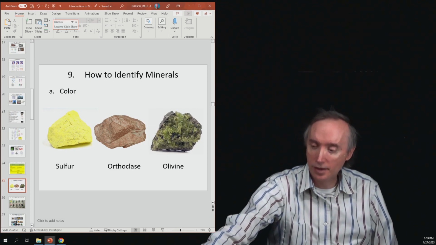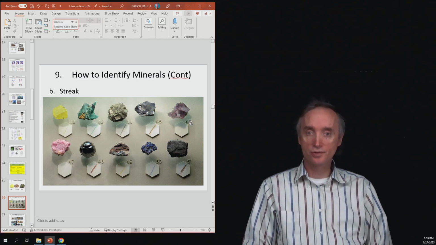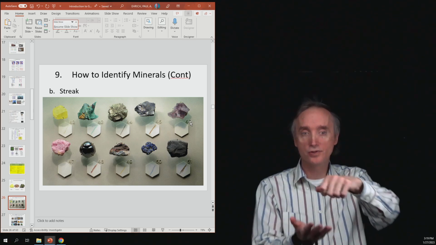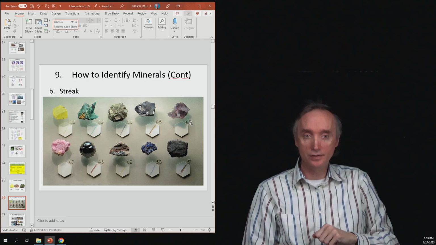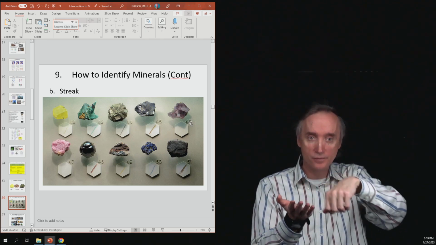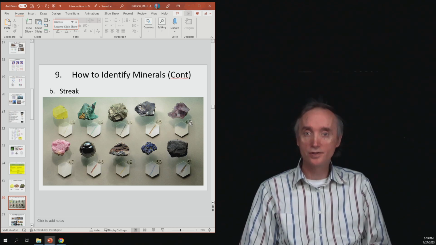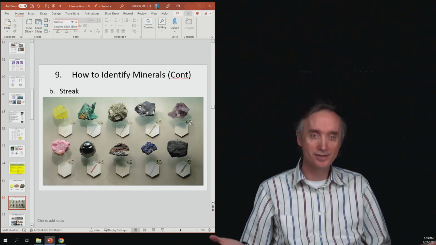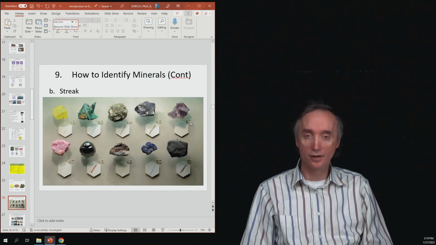Now let's compare that to streak. Streak is whenever you take a mineral and you scratch it onto a porcelain plate and you scratch off some of the rock. Well, it's going to have a certain color. Sometimes the color is white, which means essentially you can't tell that it has a streak.